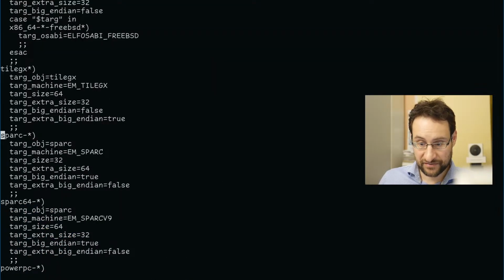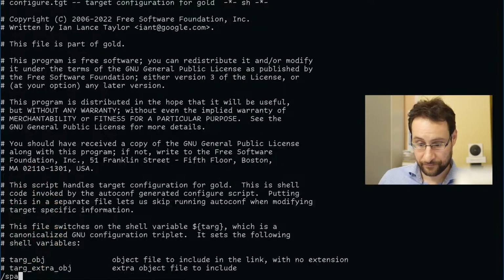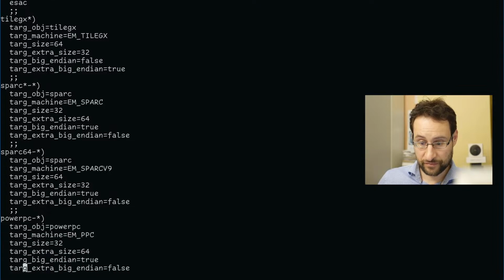So they have SPARC star here. So I guess we fix the file for SPARC star here. Is that Linux, or is this just SPARC without any Linux and stuff?